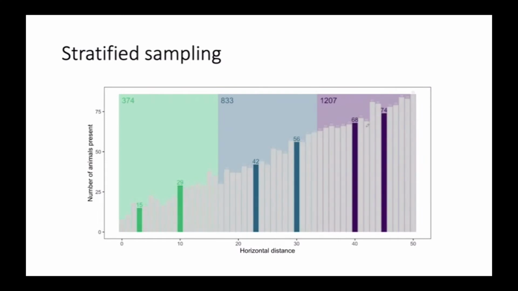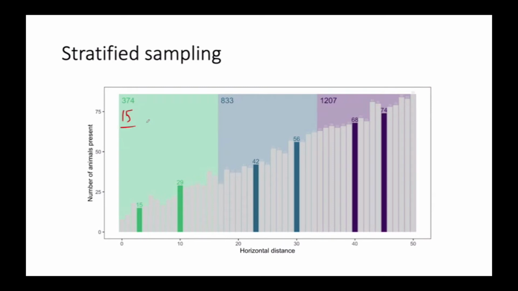Because we're using simple random sampling in each stratum, we can use the same calculations as I went through in the previous video. So for example, in the green zone, the estimated number of animals is 15 divided by the inclusion probability. Now here, in the green zone, there are 17 sites, 51 divided by 3, and we're choosing 2 of them.